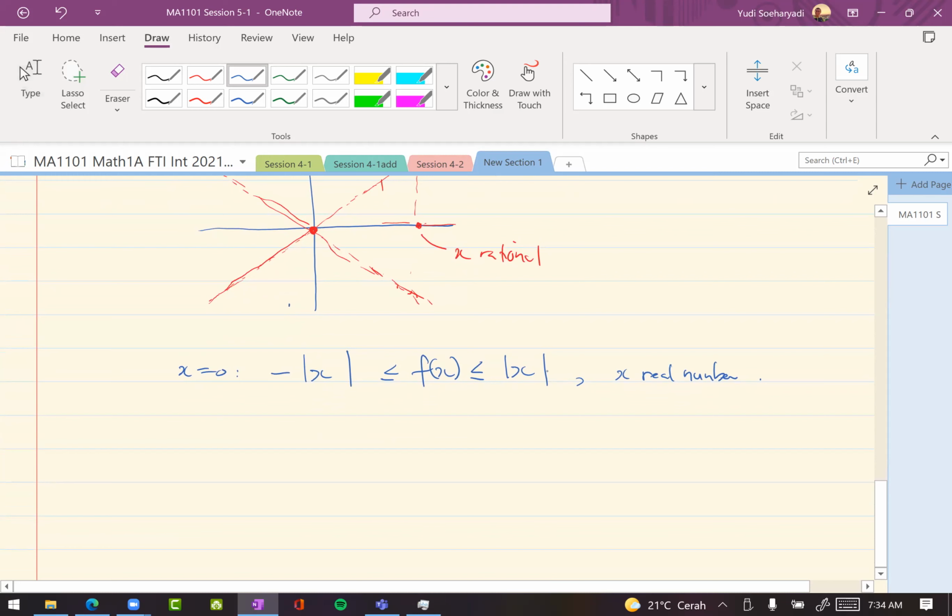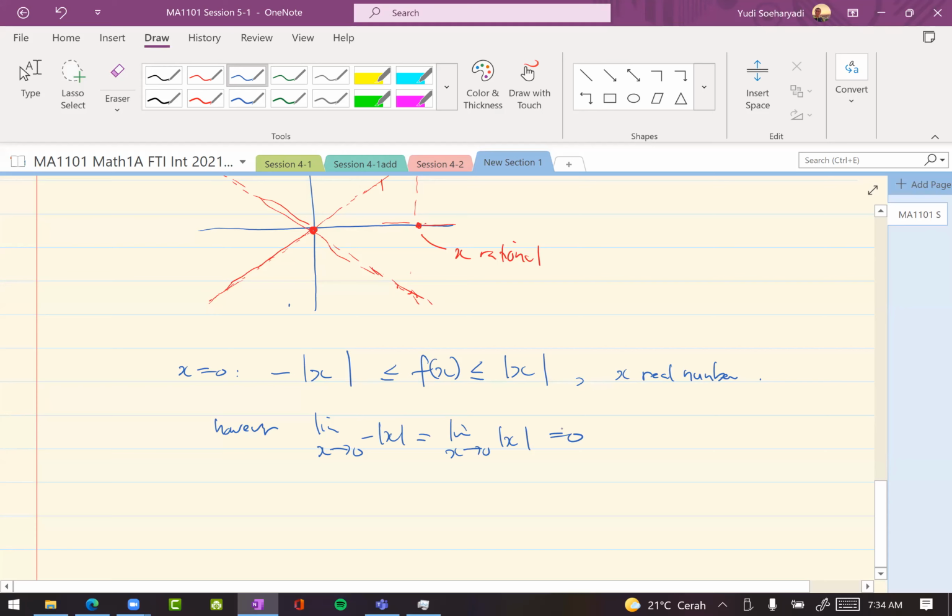Okay, so let's see here. You see that this limit is the same as this limit. That's 0.